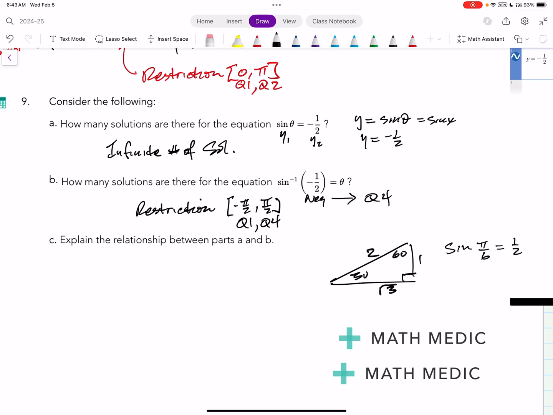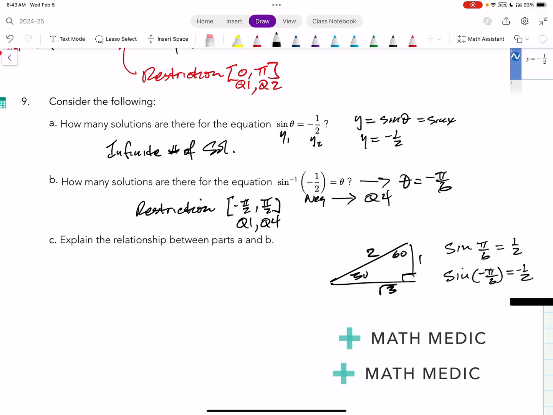And in quadrant 4, the sine of negative pi sixths should have the same but opposite value, negative 1/2. So your theta, because the inverse sine gives you an angle, is negative pi sixths.